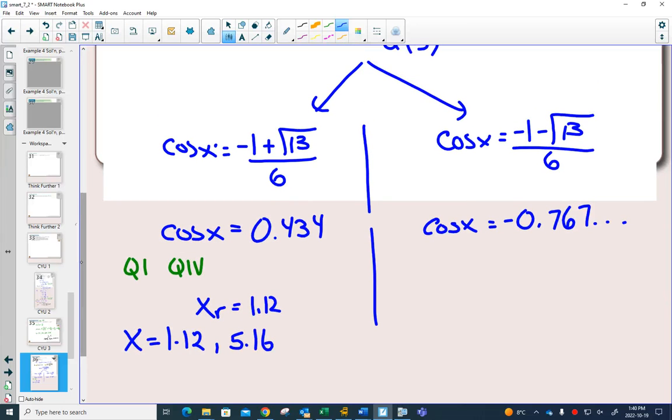I see that cos is negative, so I'm going to look in quadrant 2 and quadrant 3. I'd find my reference angle by doing cos inverse of positive 0.767, and I get a reference angle of 0.696.